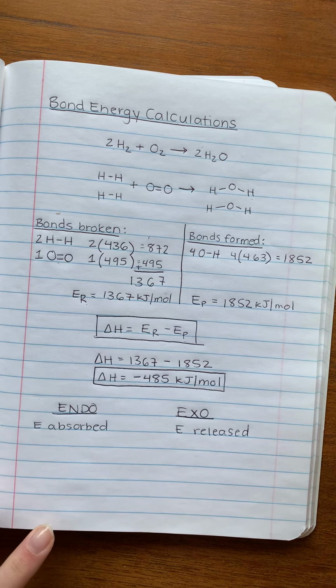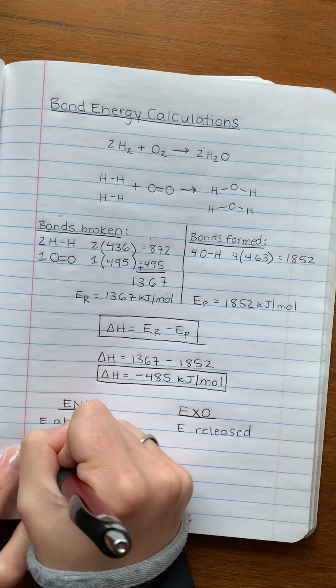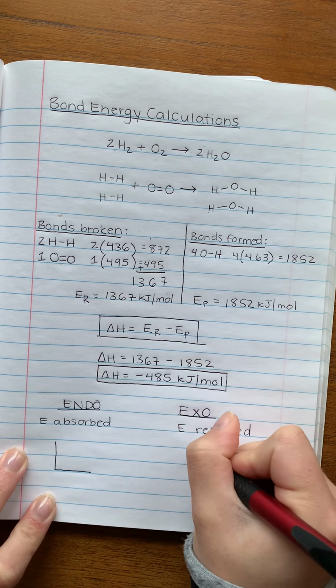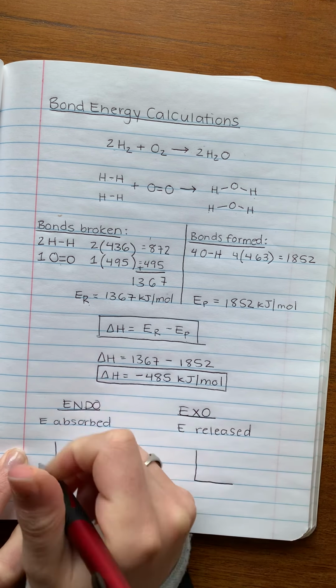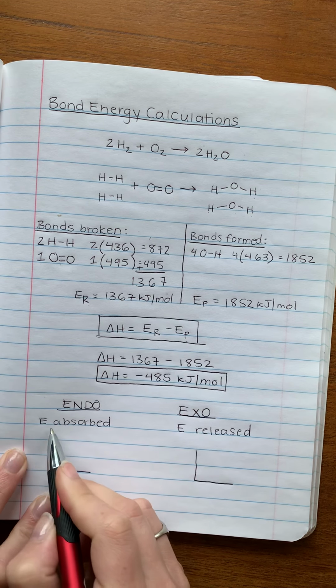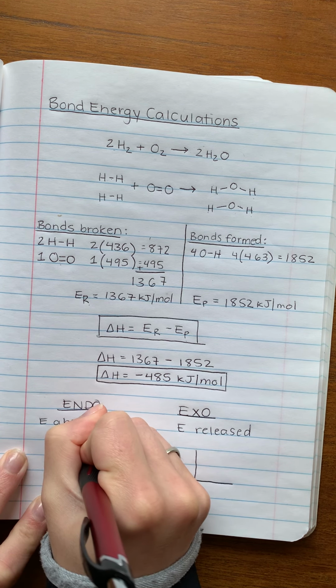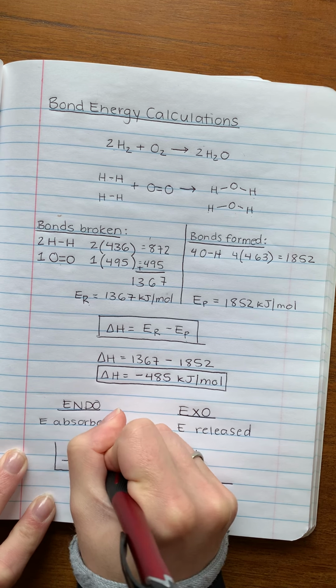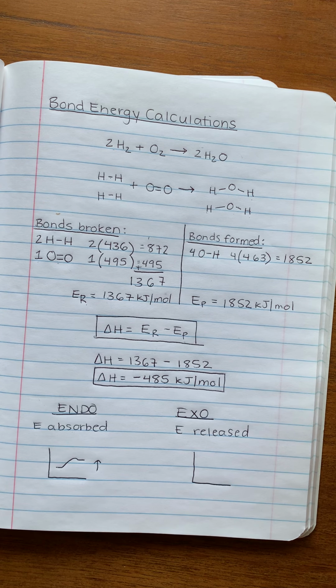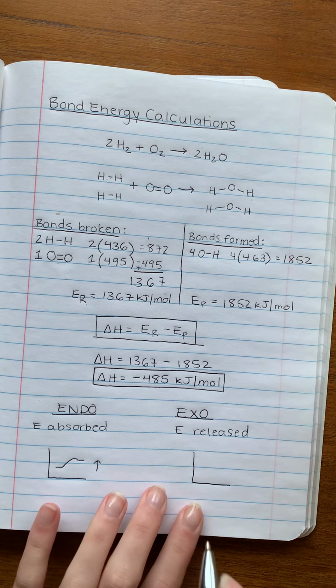And if we remember what those graphs look like, here's my coordinate plane. We've got energy absorbed, means we're inputting energy. So we're going to start here, we're going to end up here. So we're going to actually increase in our total energy, or our total heat in the reaction.